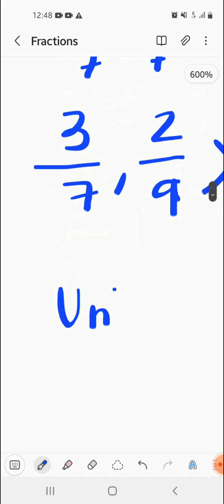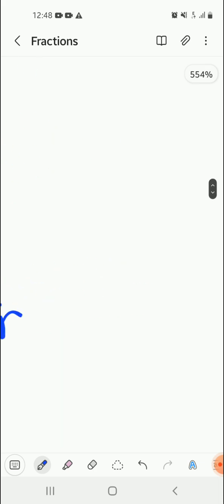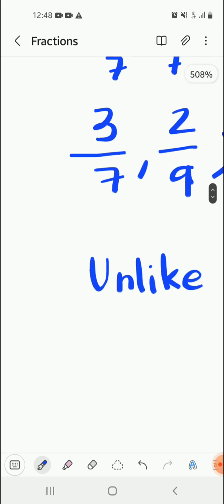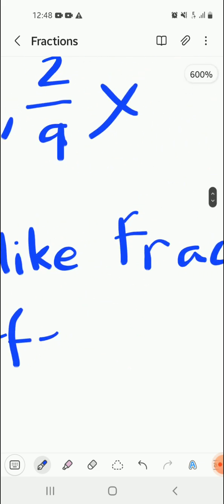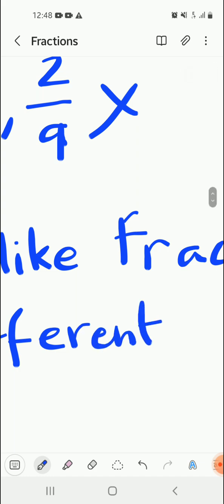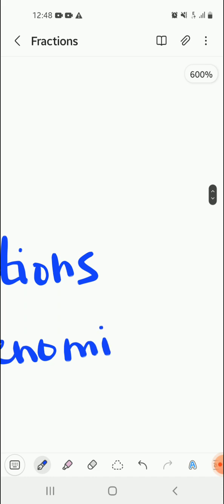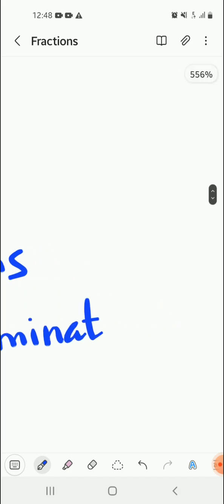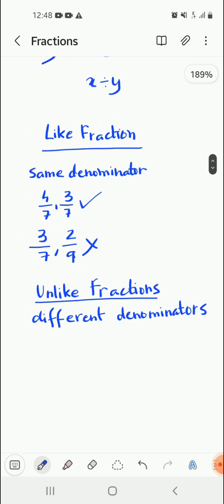Similarly, the opposite of like fraction is unlike fraction, which means the denominators are different. If the denominators are different, then they are known as unlike fractions. The numerator doesn't make any difference here.